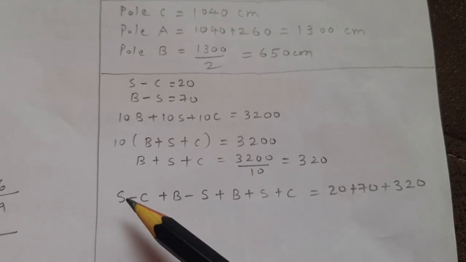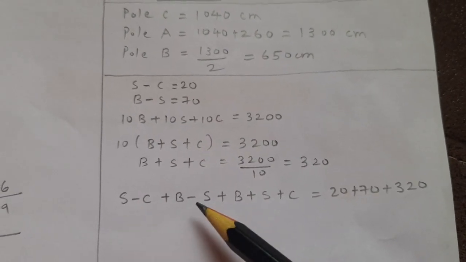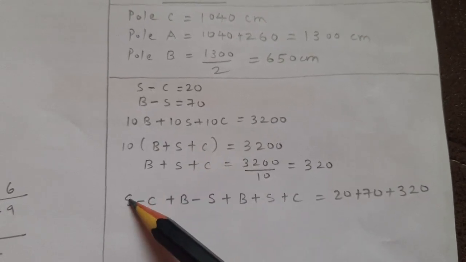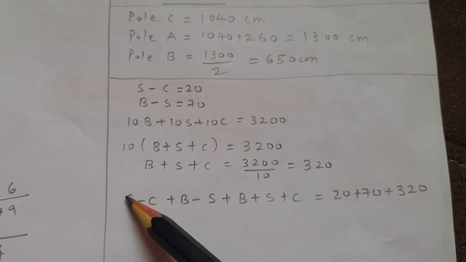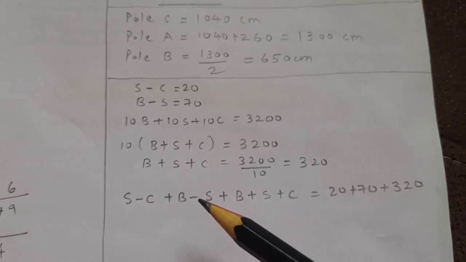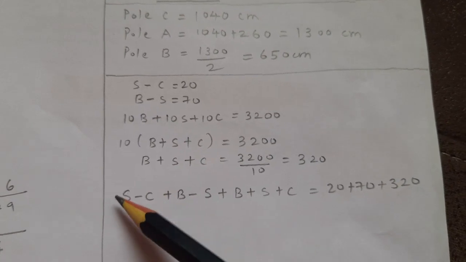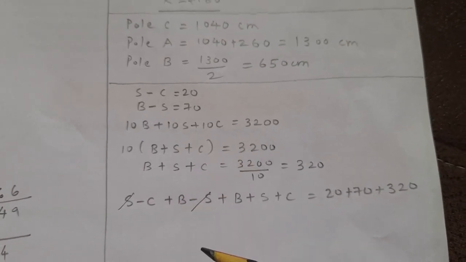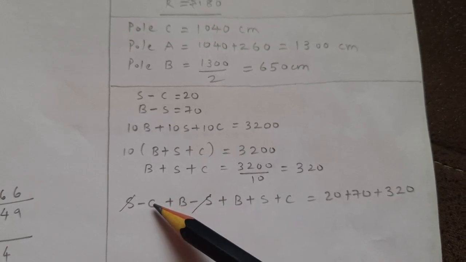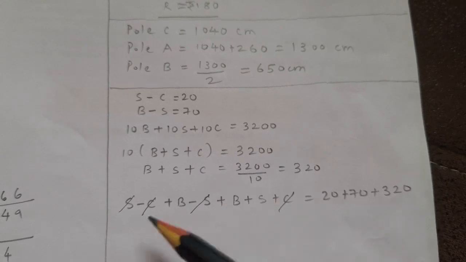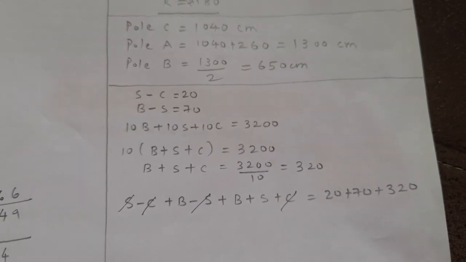So if you look at s, here there is plus s and this is minus s. If there is no sign then it is plus. So this s minus s will become 0, right? For example, like 3 minus 3, 4 minus 4, that is all 0, right? So same way s minus s will become 0. So I directly cut this. And what else can be cut? c can be cut. Here there is minus and here there is plus. So c minus c will become 0, right?